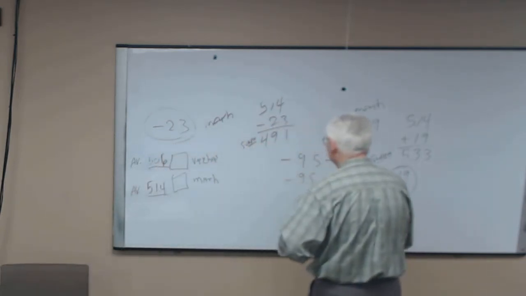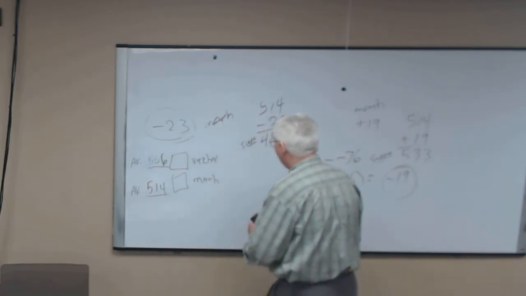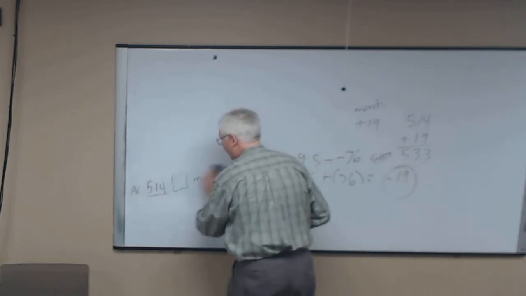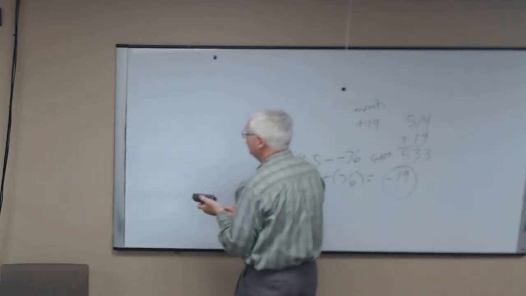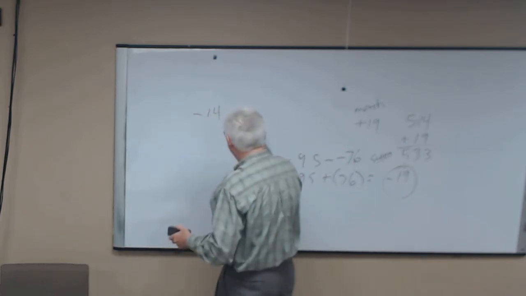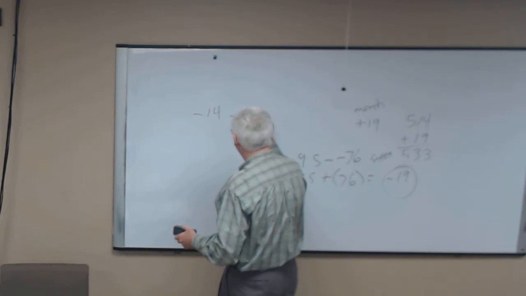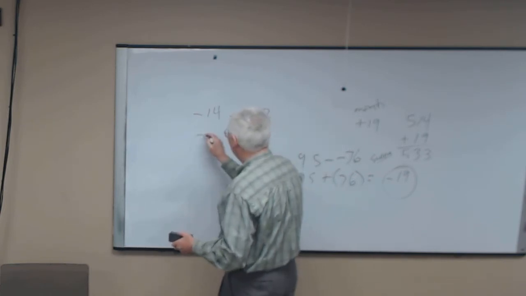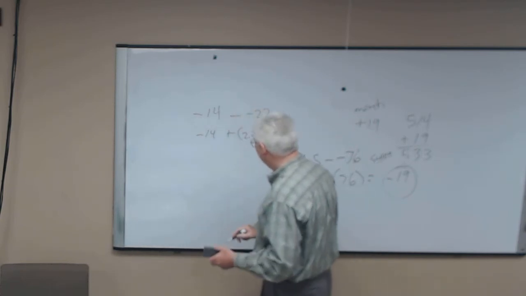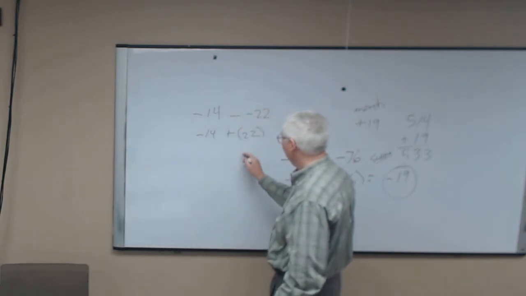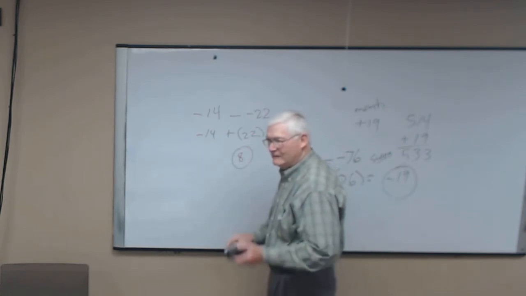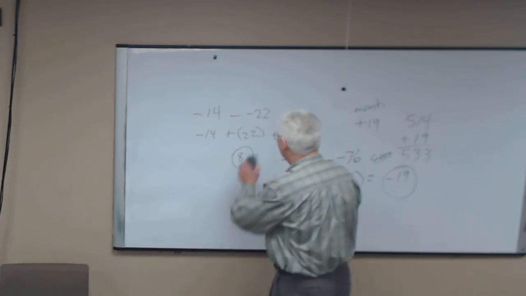So what's verbal? You don't want to tell me? Is it negative 14? Minus math, which is what? Negative 23. Negative 22. So that's negative 14 plus 22. So that would be what? 8? Is that right? It's negative 23. Oh, it's negative 23?